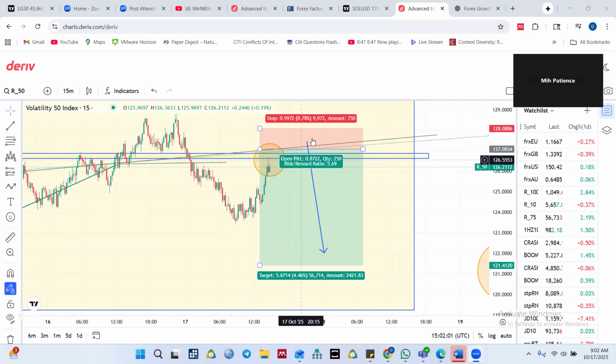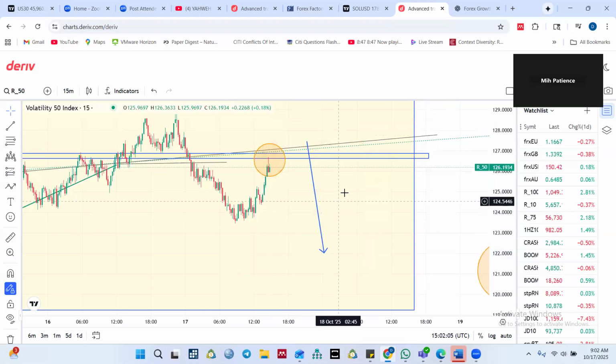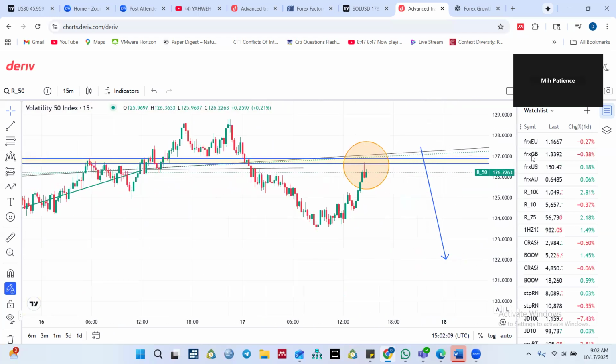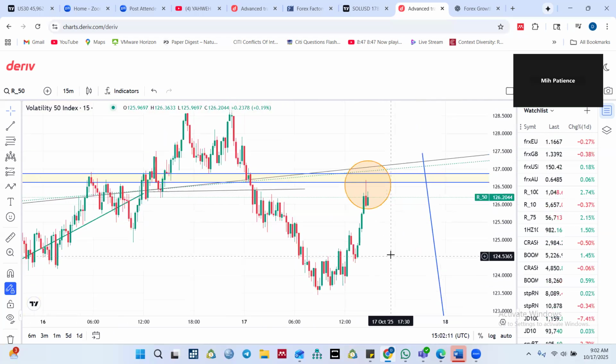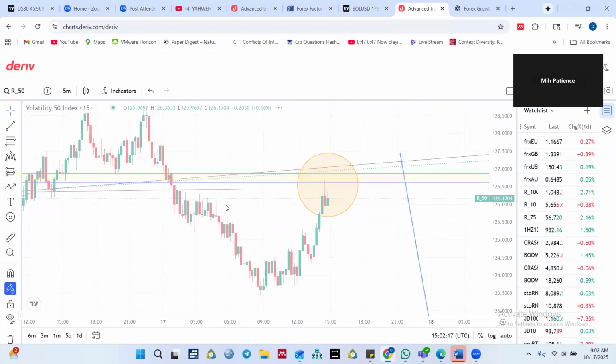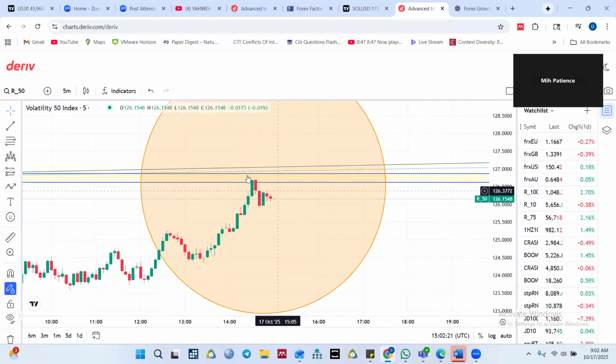You must see, where I've put the circle, a break of structure on the lower time frame. The time frame we are using right now is 15 minutes. You might want to move to 5 minutes or 10 minutes. Is there any break of structure yet? No. We have a high, low, higher high, lower high.